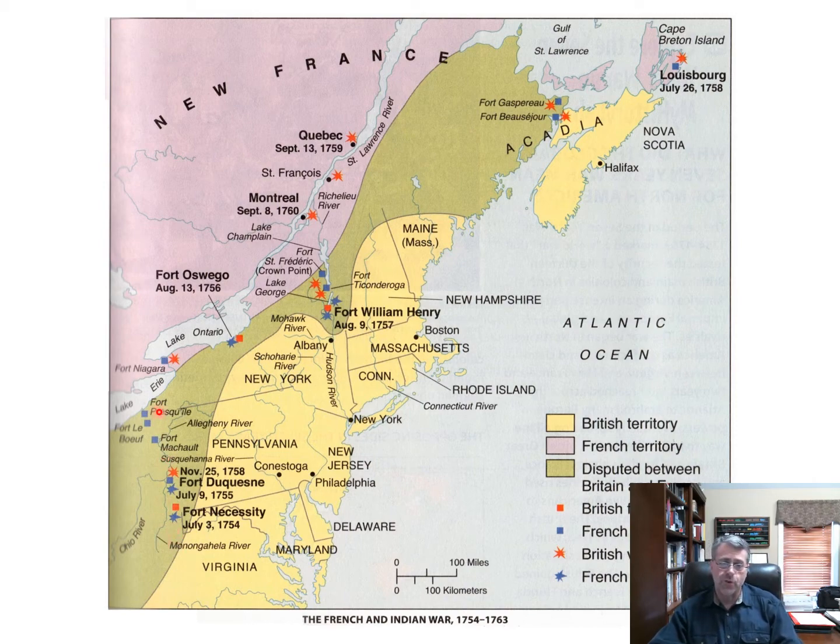They're fighting over control of the rivers. Particularly these lakes and rivers that connect New York with the St. Lawrence River. So basically, these interior waterways and lakes are the primary sources of transportation. So each side wants to control it. Same thing over here in the Ohio River Valley.